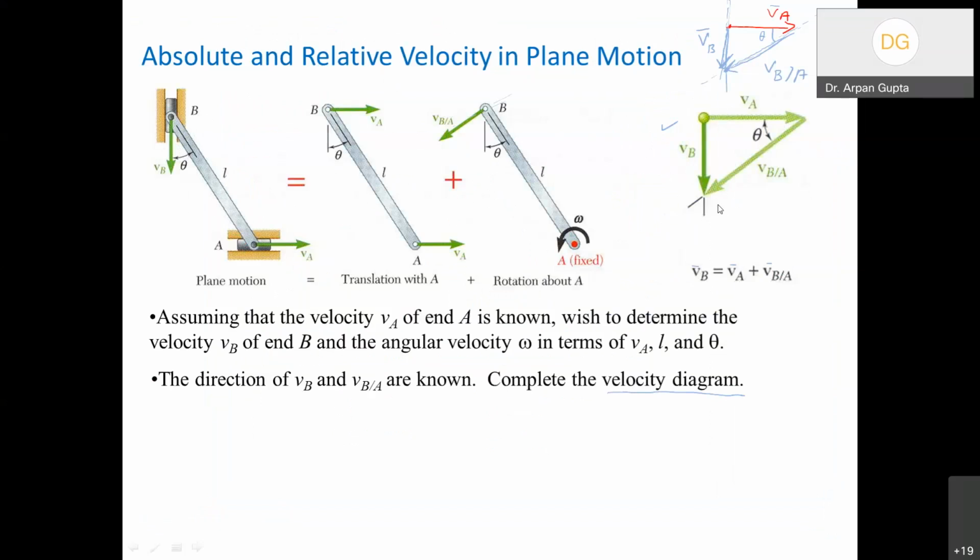And using this concept of relative velocity, we can draw this diagram, and that's how we calculated the velocity of one point with respect to another point. And we also calculated the angular velocity of this rod at a particular instant. This is what we calculated, right?